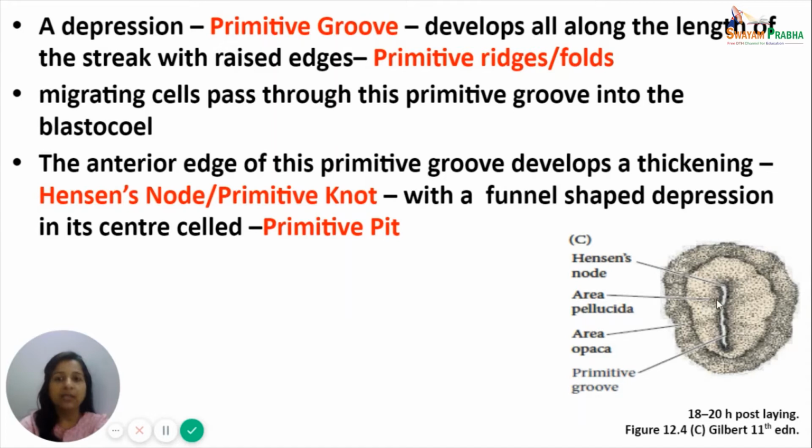The anterior edge of this primitive groove develops a thickening known as Hensen's node or the primitive knot, with a funnel-shaped depression in its center which is known as the primitive pit. So most of the cells which have to migrate into the blastocele do so through this primitive groove or the primitive pit.